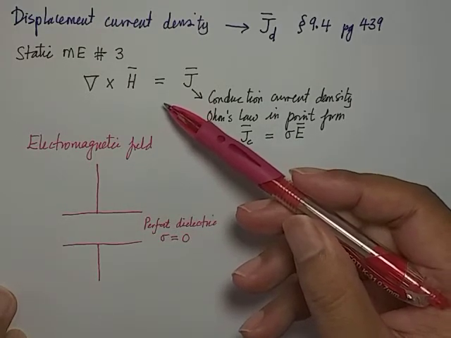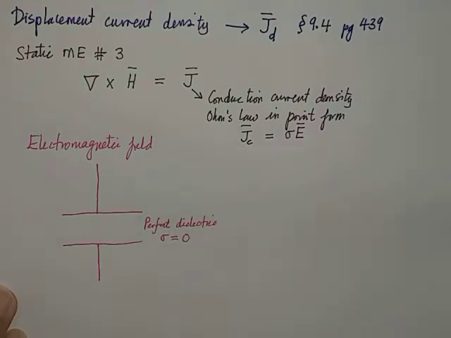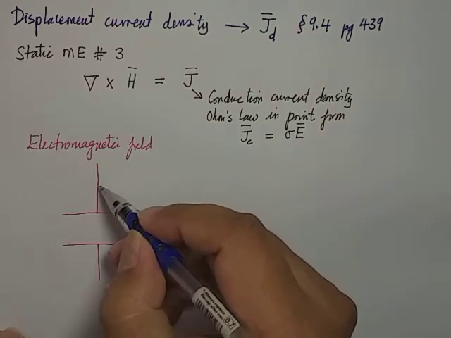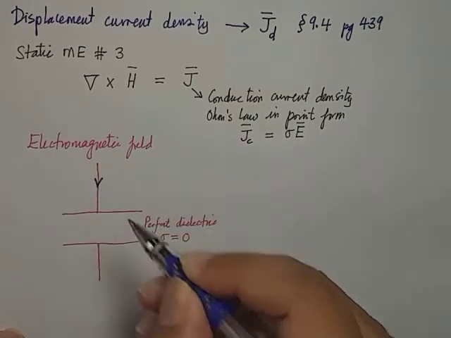So this is what Maxwell did. In order to allow current to pass through the dielectric, we have to inject a current here.